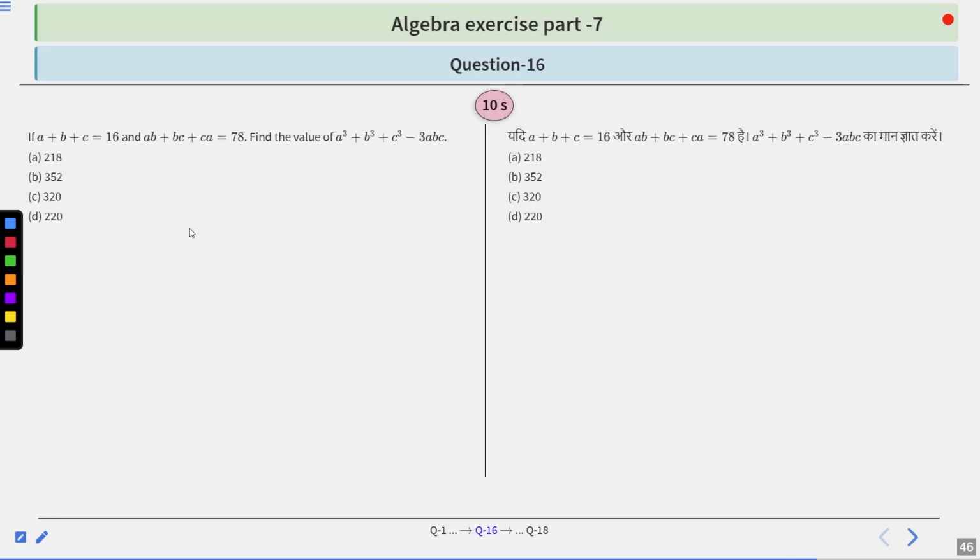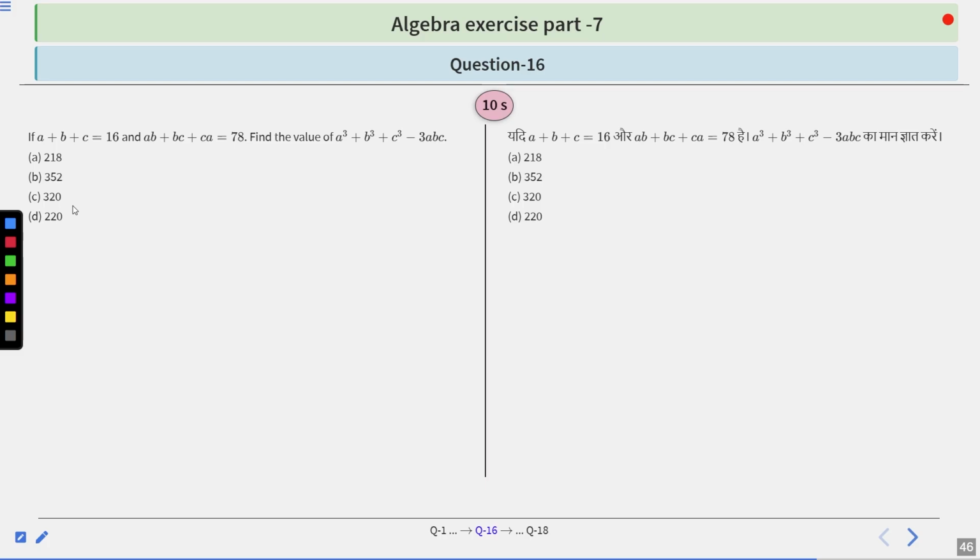Next, if a+b+c is equal to 16 and ab+bc+ca is equal to 78, we have to find the value of a³+b³+c³−3abc. The options are option A 218, option B 352, option C 320, and option D 220.